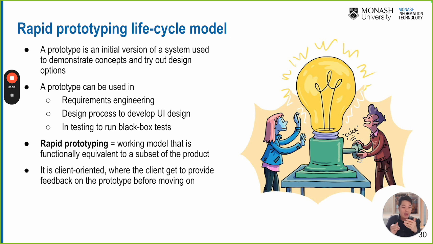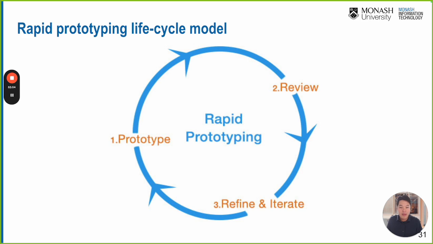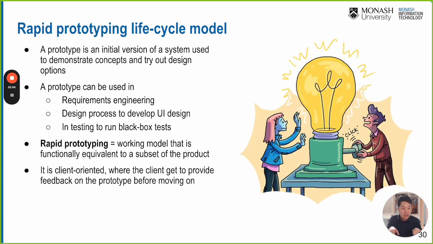Because when a client reads the textual documentation, that as an end user, the software should do A, B, C, D, it is really hard to imagine what it looks like, right? But when you do rapid prototyping, you create the real world prototype using the Figma tool, and then you can see how the UI looks, what the best user experience is when using this product, and then you can test the market easily and quickly as well.